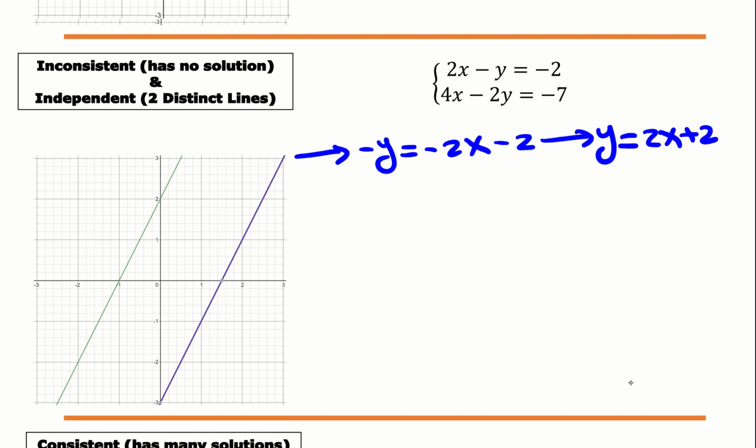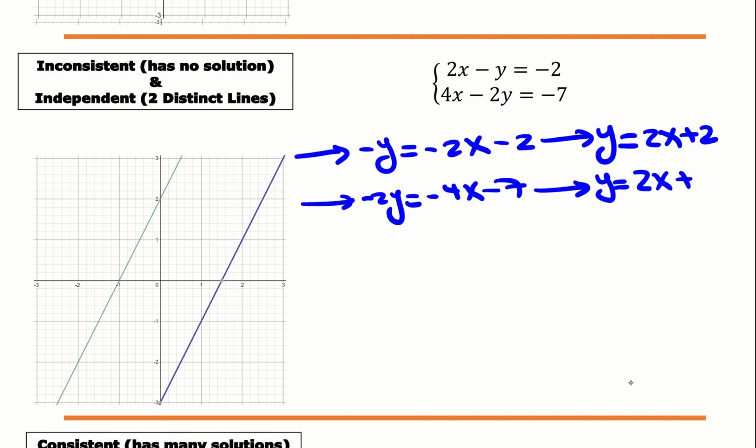If we do the same to the second equation, we would get negative 2y equals negative 4x minus 7, divide both sides by negative 2, and we would end up with y equals 2x plus 7 halves.